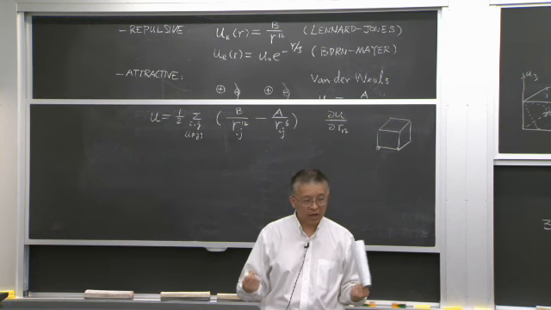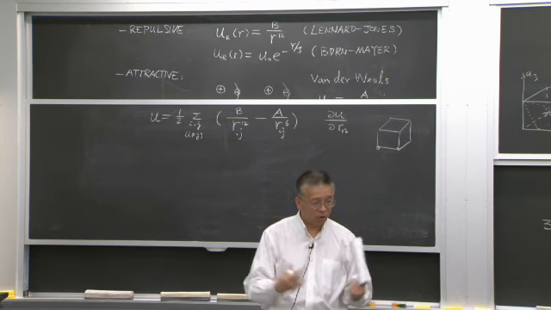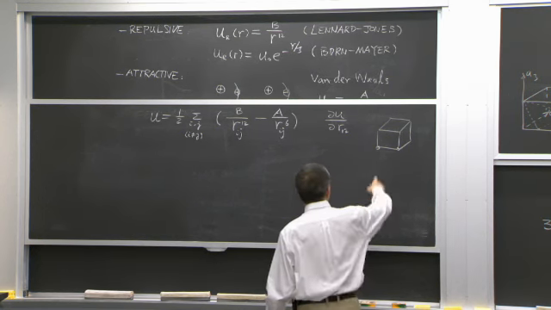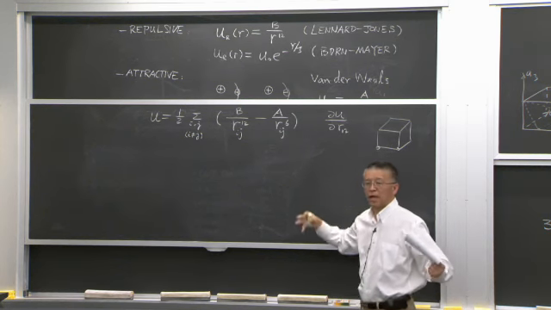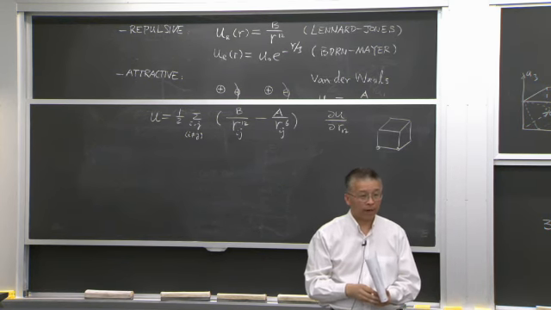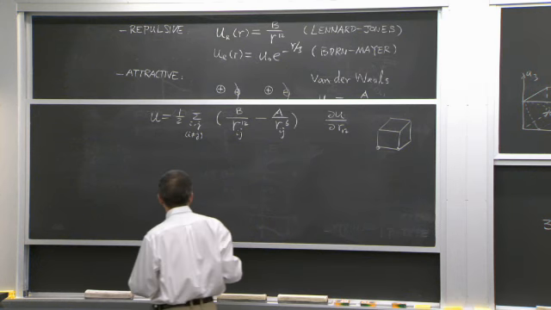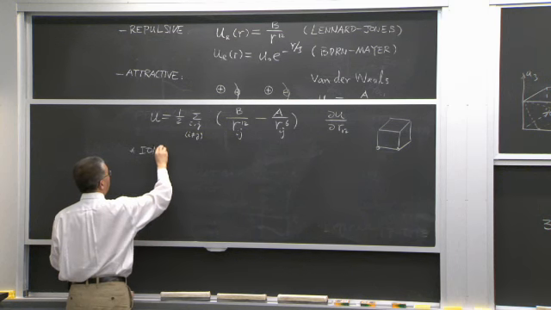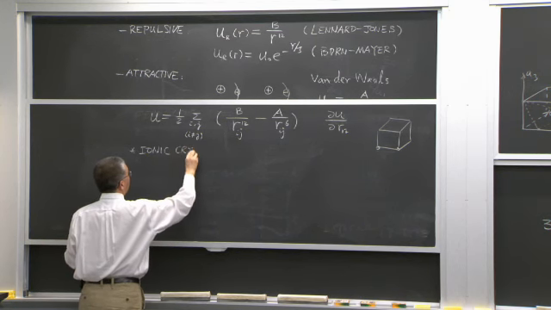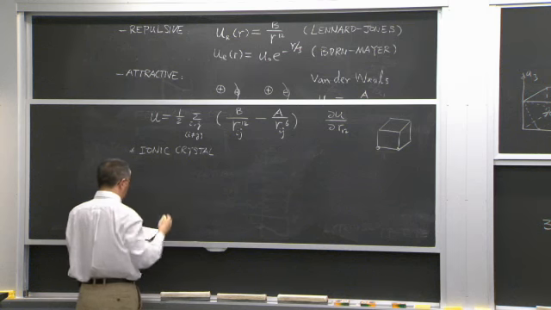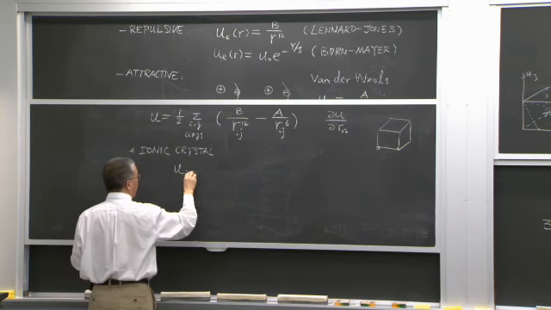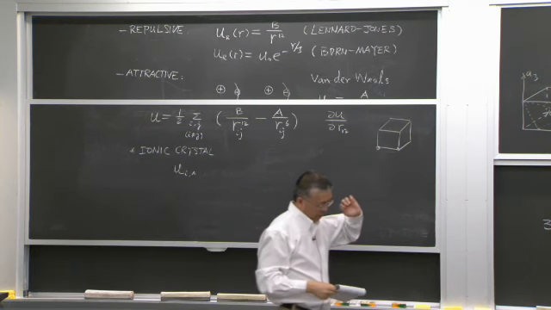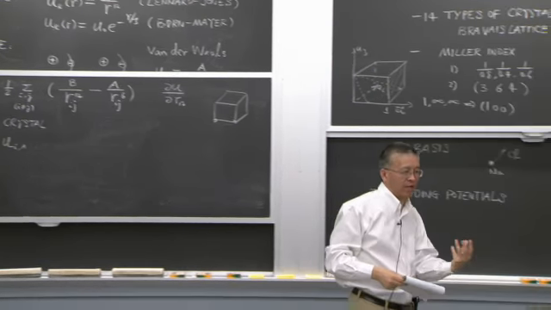So at the end, whether you have a stable crystal is that you put all those energies together and minimize them together, and in addition to the repulsive part, you can't put them too close. So in an ionic crystal, the attractive potential for any atom i, the net effect has to be attractive.